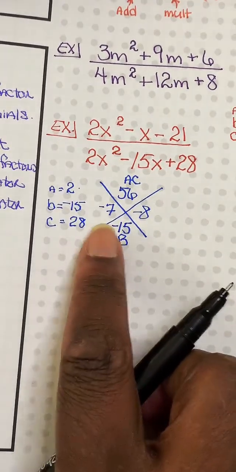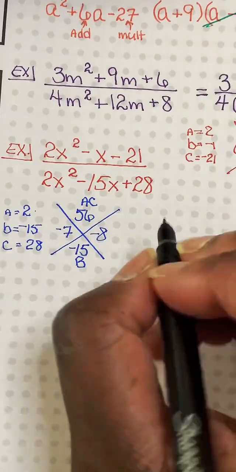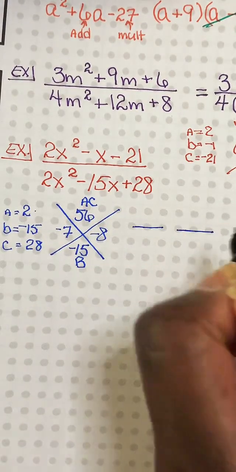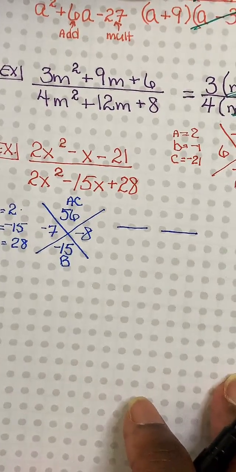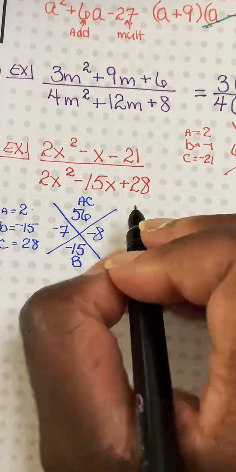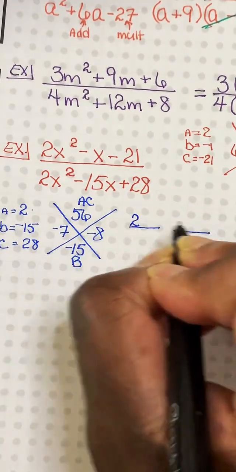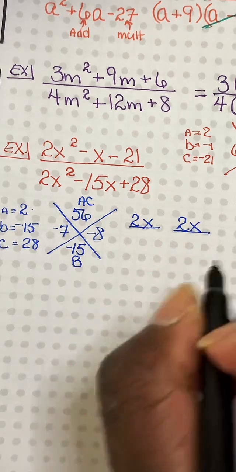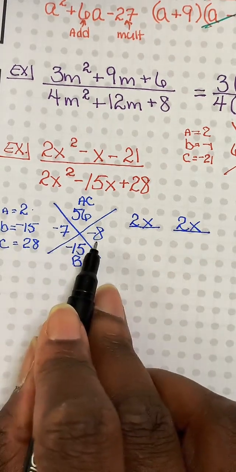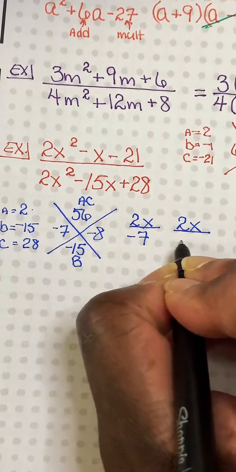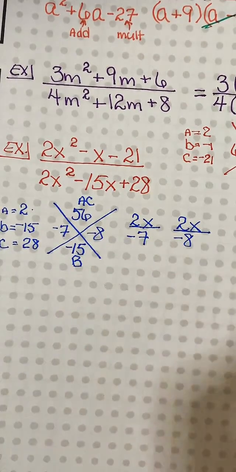So now that we have our factors, I'm going to show it as a fraction because I think a lot of people are like, I've never seen it that way before. We take whatever our value of A is and write it out twice, so that'll be 2x and 2x. We take the numbers we just found, negative 7 and negative 8.